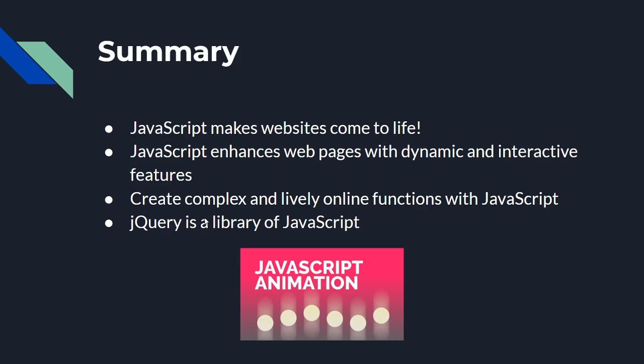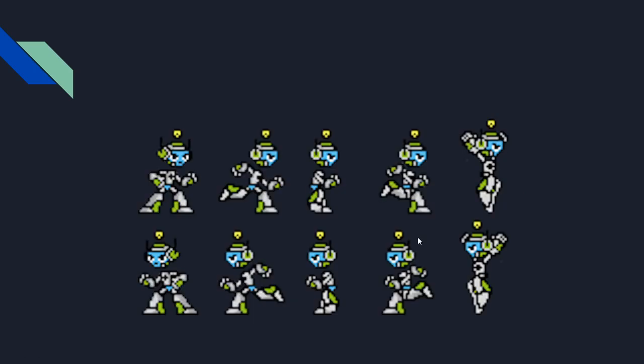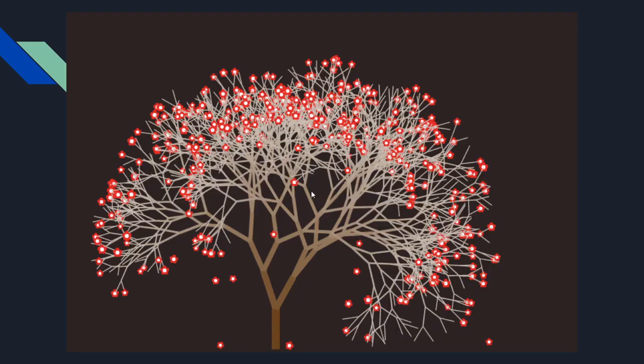It is a library of JavaScript functions. A fun thing that you can look into is JavaScript animations. The animations that we mentioned are just scratching the surface. It's endless the number of things you can do with animation. You can create fun fractal art like this. And this isn't even the animated part, this is just the art part. So the potential is endless.